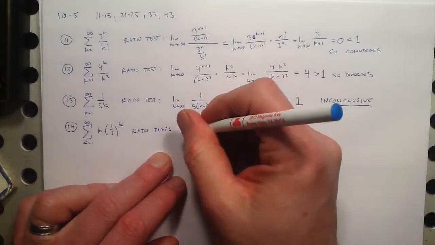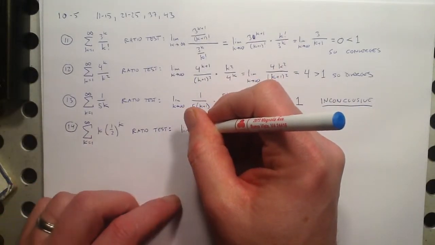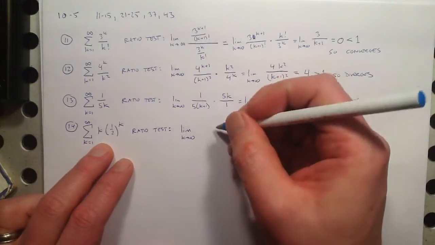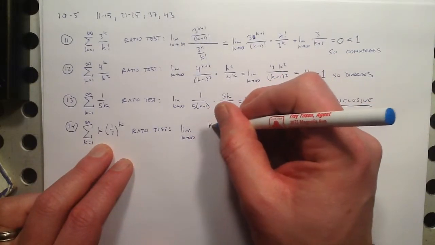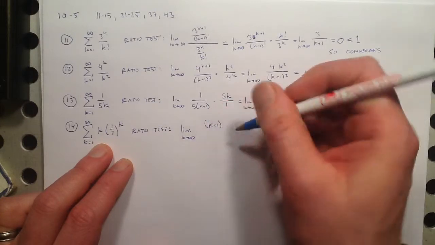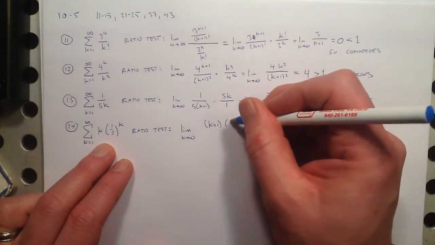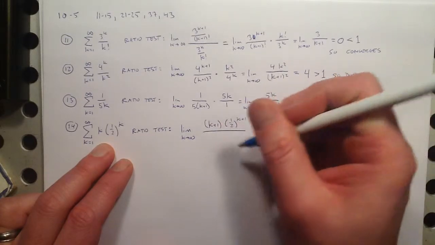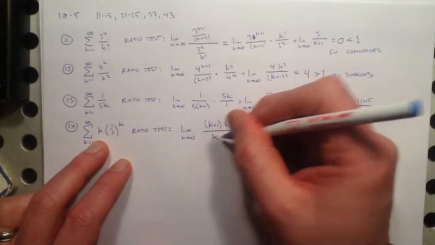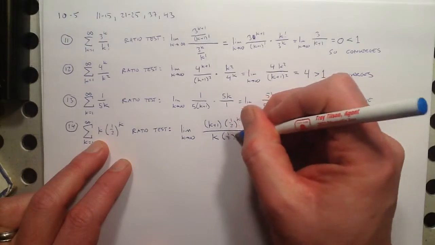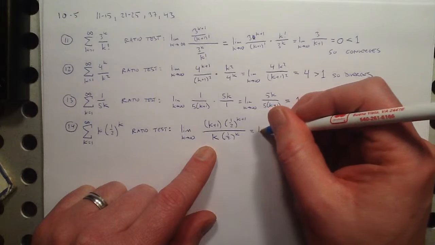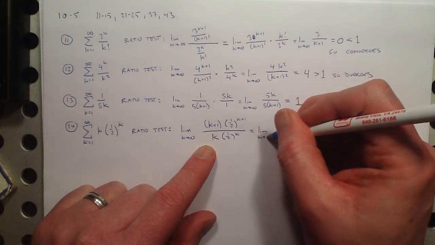So, the ratio test with this. Let's see what happens when we stick that k in front. K approaches infinity. K plus 1 term, that's k plus 1 times 1/2 to the k plus 1 over the k term. So that looks like that. This limit as k approaches infinity.